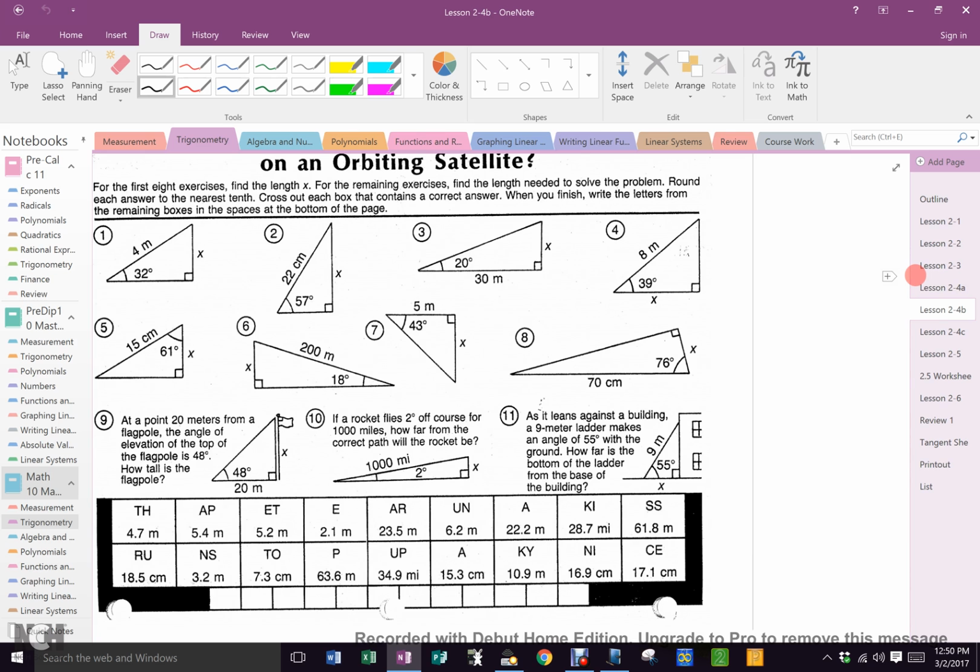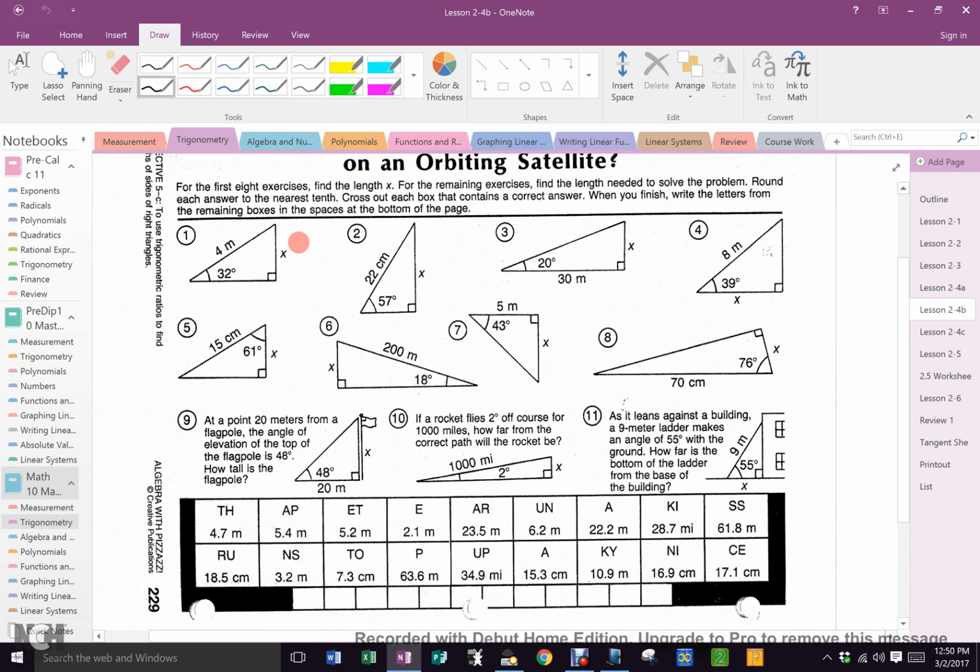This is exactly what you've been doing all the way along. On each question, you have a theta, you have an A, an O, or an H, and you have to find one other. Right? In this question, you have a theta of 32, you have a hypotenuse of 4, and you need to find the opposite, x. So you don't need A. So what am I going to use?